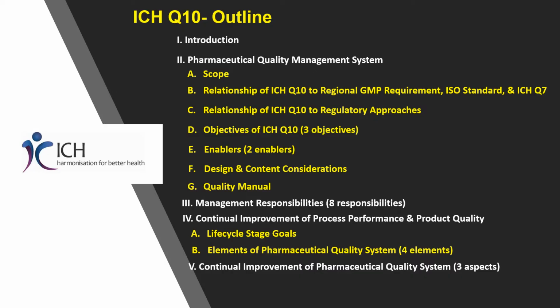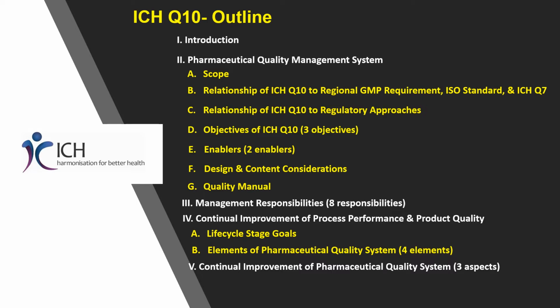If we see the outline of the ICH Q10 guideline, first it gives the introduction about the guideline. Second, it defines the scope, relationship of this guideline with the regional CGMPs, ISO standards and ICH Q7, its relation with the regulatory approaches, objectives of this guideline.